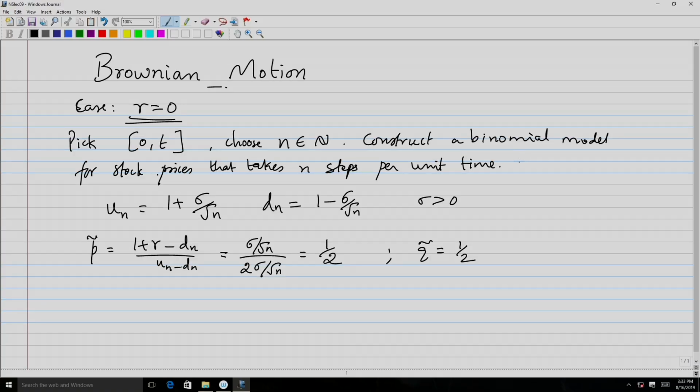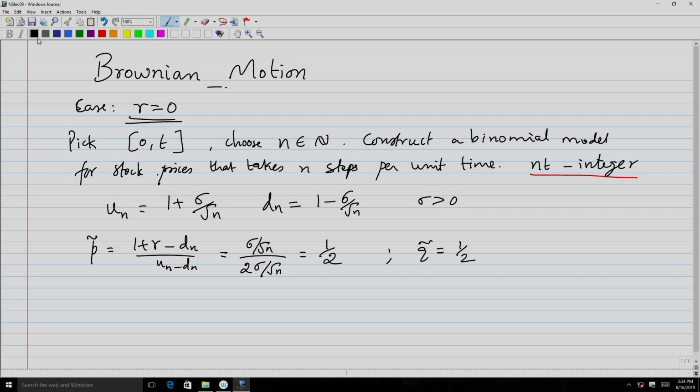We also have this additional condition that we pick nt to be an integer. If not, nothing is going to be lost, but this is for convenience. So, for easy understanding, we take nt to be an integer, and we pick n and t such that this is true.